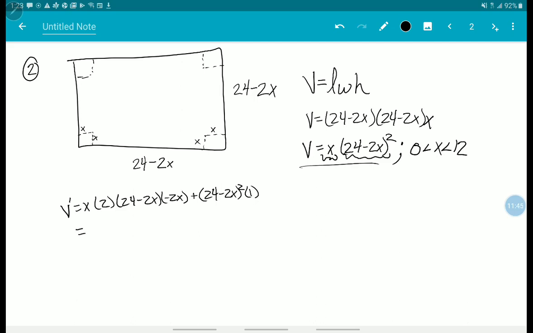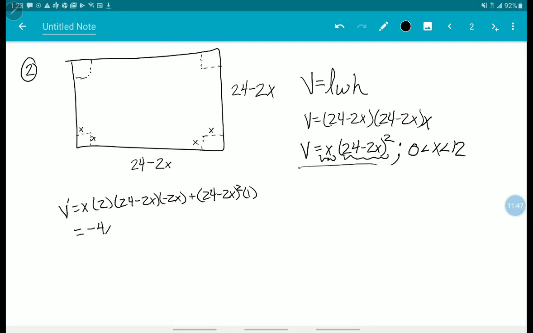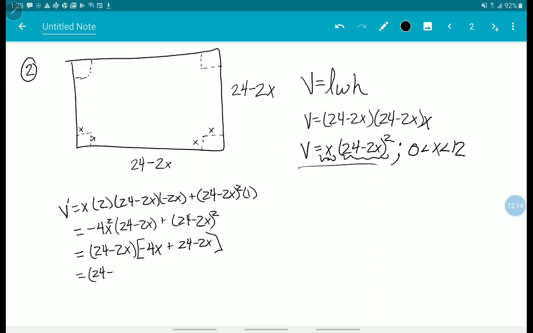I have a 2x times a negative 2x, which is a negative 4x squared, times 24 minus 2x, plus 24 minus 2x squared. Okay, both of these groups have a 24 minus 2x in common. That's going to leave us with a negative 4x plus 24 minus 2x. So we have 24 minus 2x times 24 minus 6x.